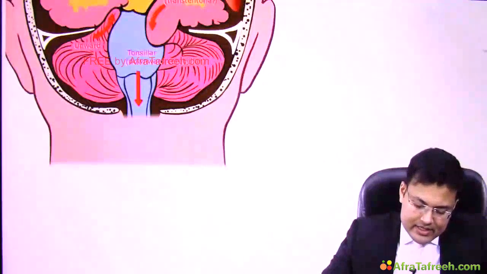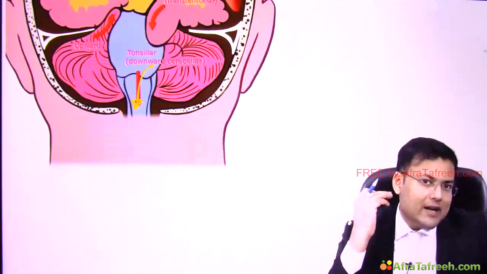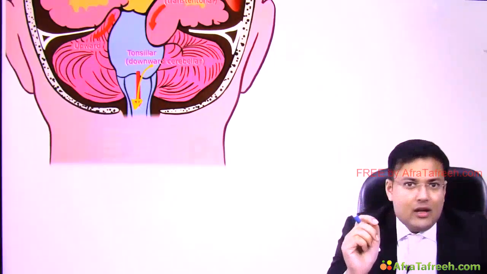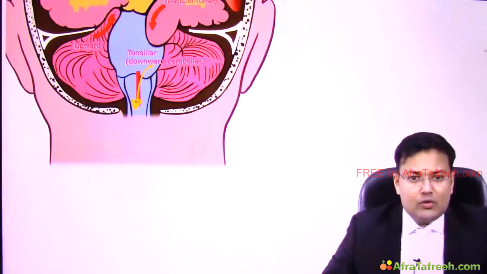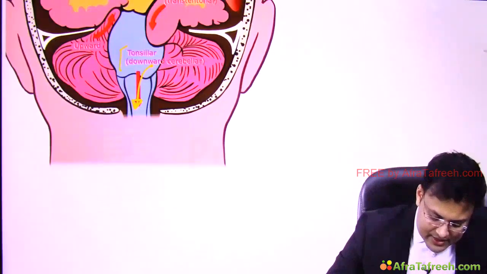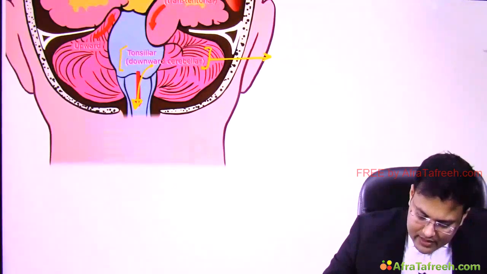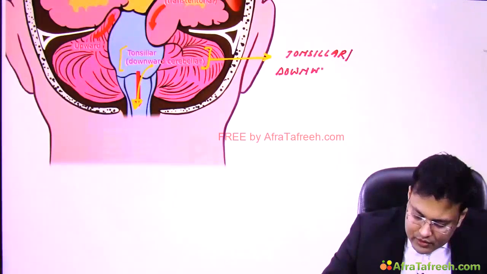In certain conditions you can see displacement of cerebellar tonsil via foramen magnum. This is known as tonsillar herniation, also known as downward cerebellar herniation.